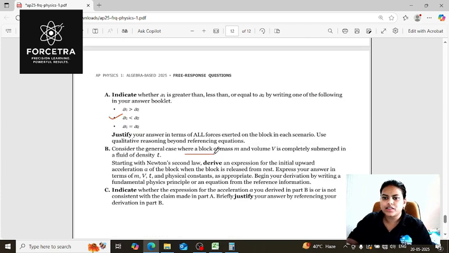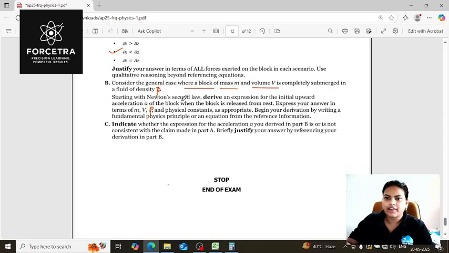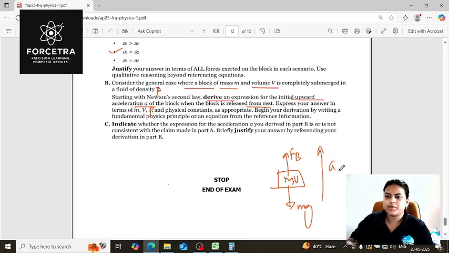Consider the general case where the block of mass m and volume V is completely submerged in liquid of density rho. We have to derive an expression for the initial upward acceleration A of the block when the block is released from rest. This is the block, its mass is m, volume is V, mg is acting downward and the buoyancy force is acting upward, and there is a net acceleration because of this force.